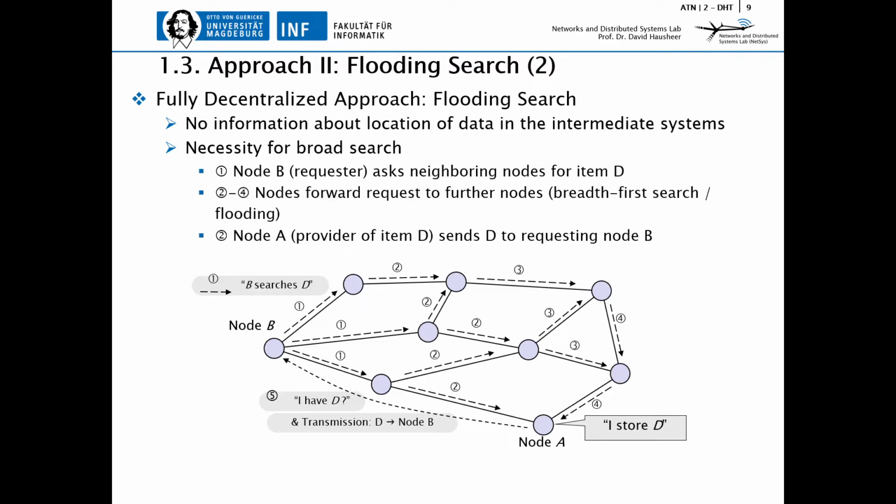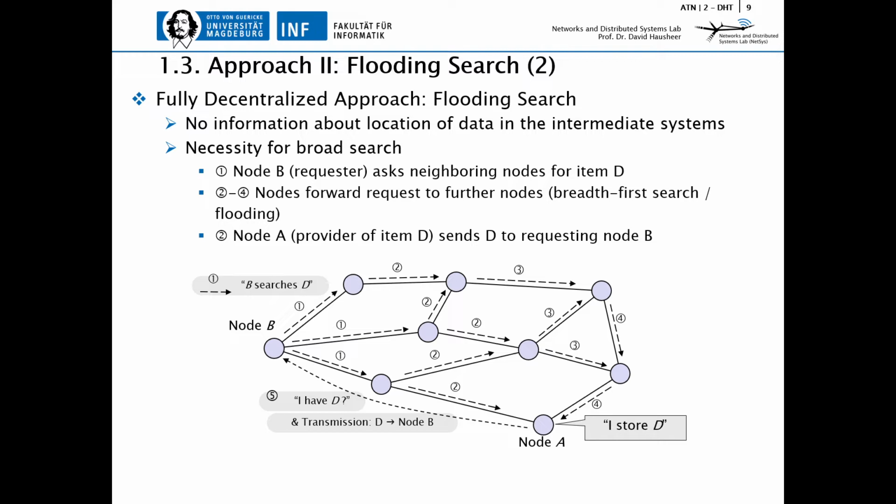Now, here's an example of how this flooding-based search works in a fully decentralized manner. There is no information about the location of data in any of the intermediate systems at all, and so there is a necessity for a broad search. In this case, we have node A that stores an item D, and node B that is interested in this item.